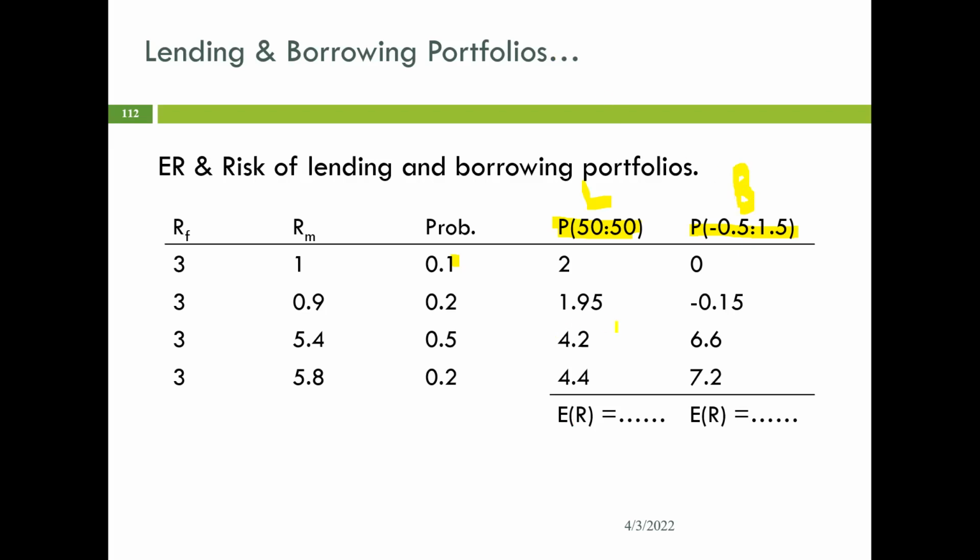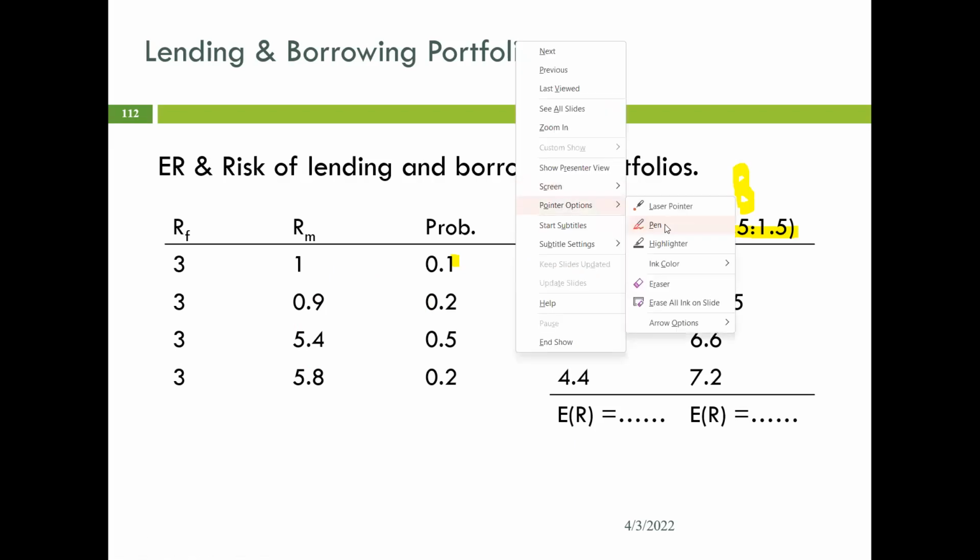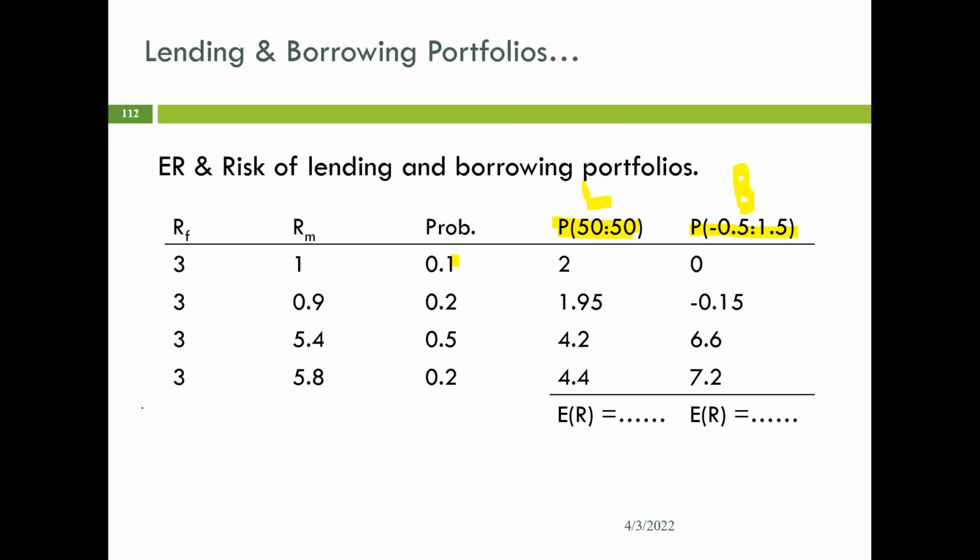Now you can calculate the expected return of this portfolio. I think you can remember the method. You have to calculate the expected return of the risk-free asset. That is 3, no? Then calculate the expected return of the market. This is the forecasted return, no?